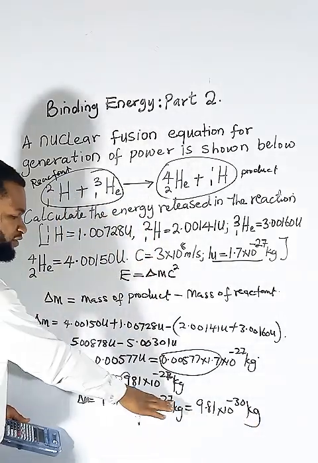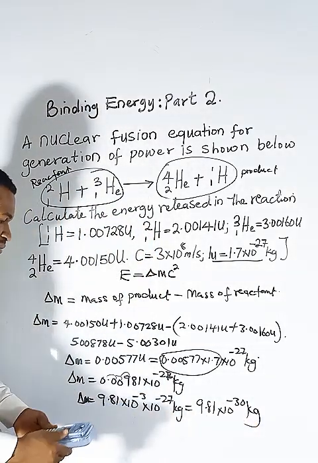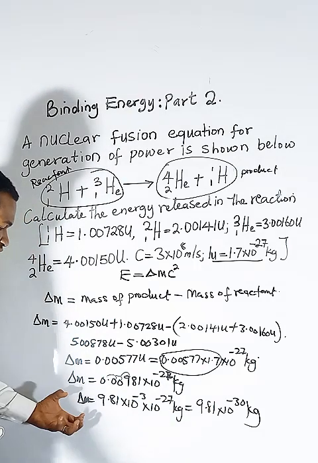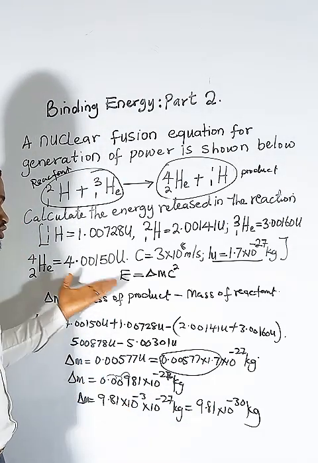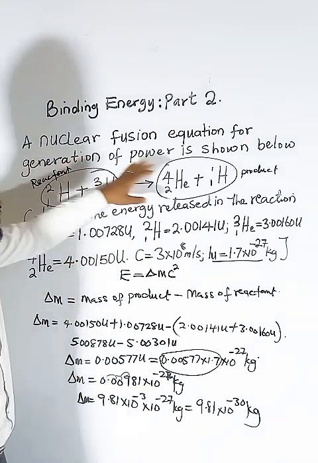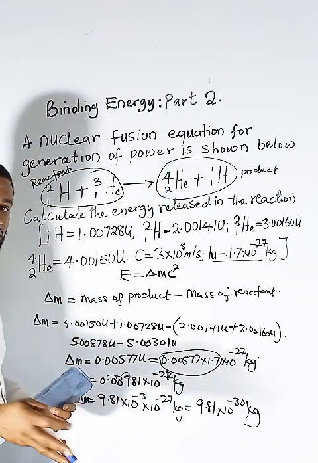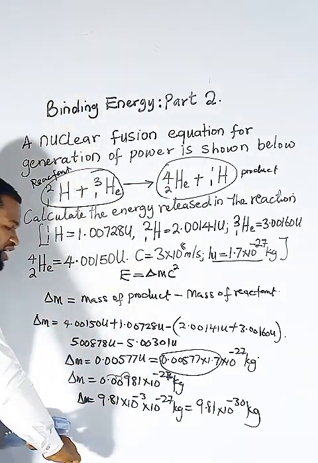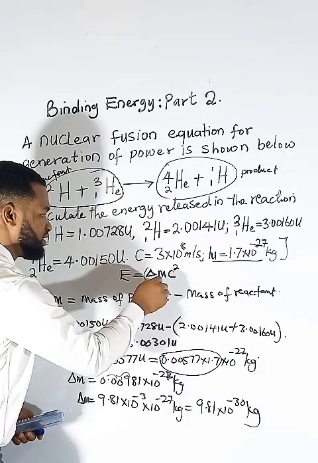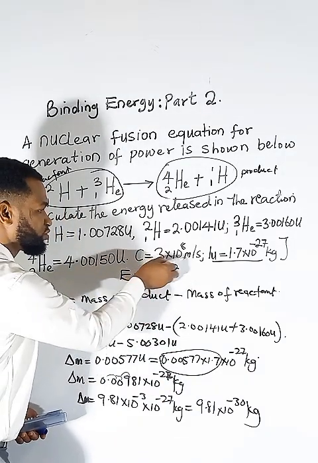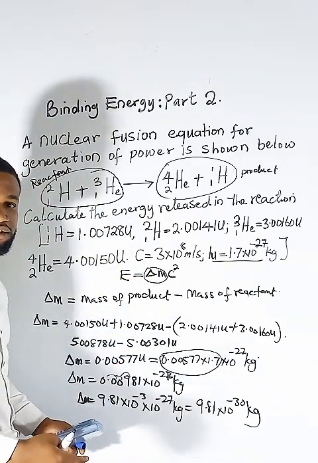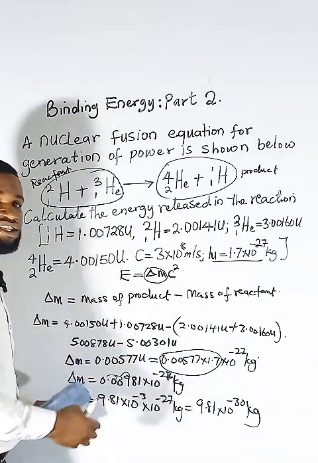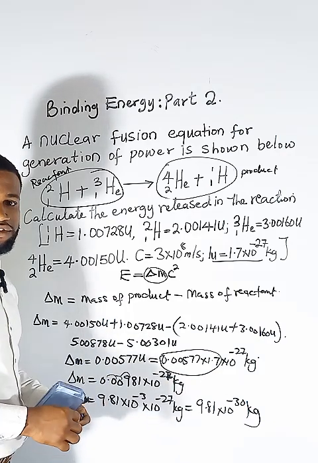So this is the value of the mass defect. This is the change in the mass of the nucleus of an atom when these reactions take place. So we know that the mass defect is already given here. We are now going to use c squared to multiply the two of them for us to be able to find the binding energy, or the kind of energy that was released in the process.